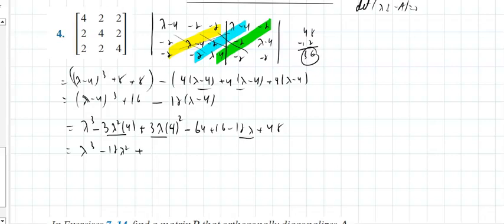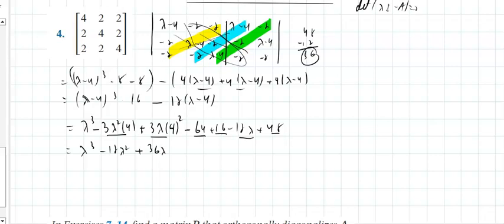That's 36 lambda. And what's left? 16, 48. Okay, there it is. I see the mistake. This right here gives a negative 8, not a positive 8.